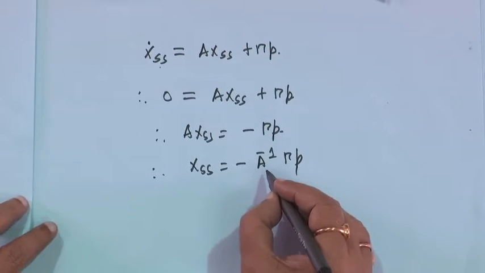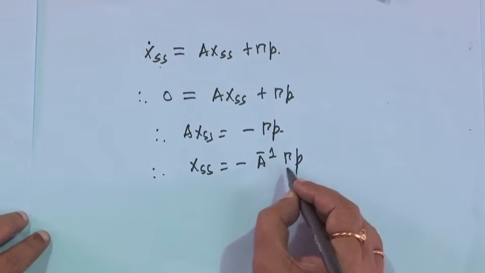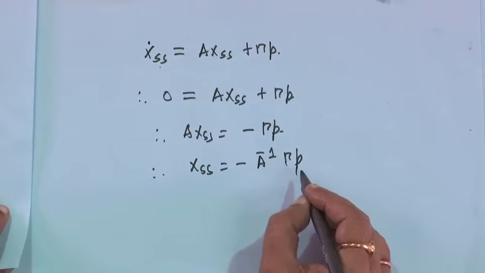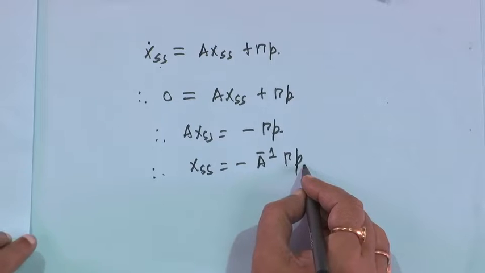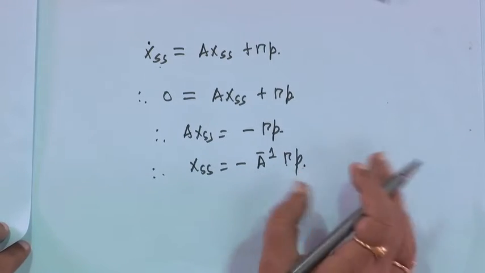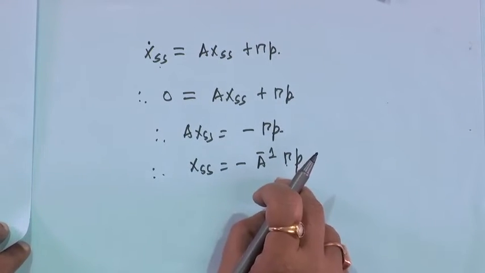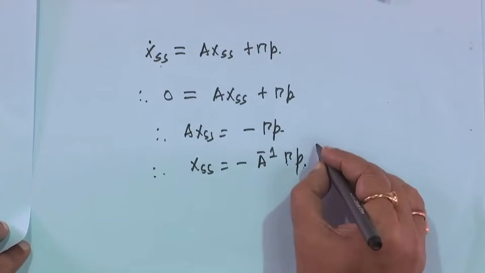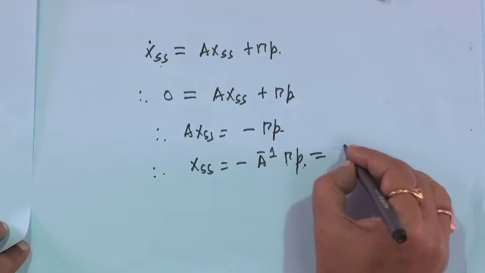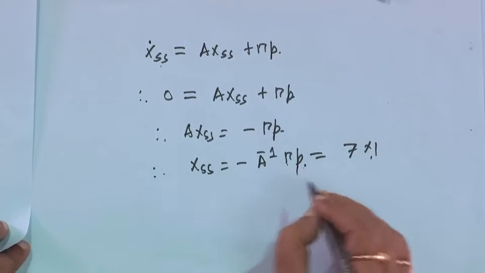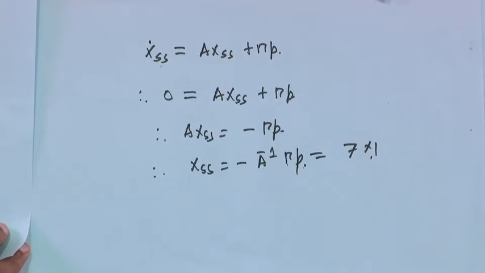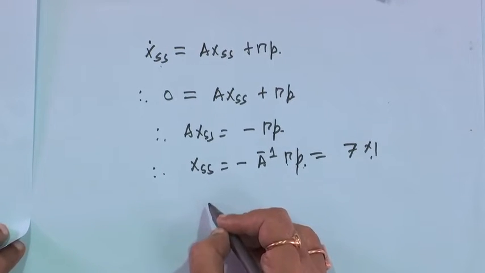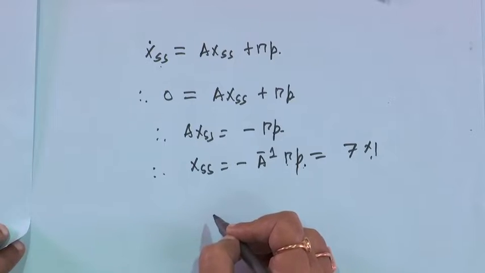A inverse is a 7 into 7 matrix, the gamma matrix is known to you, and the load disturbances PL1, PL2 are also known, and the A matrix parameters are known to you. So, this becomes a 7 into 1 vector, and in that case you will get all the steady state values x1 SS, x2 SS, and so on.